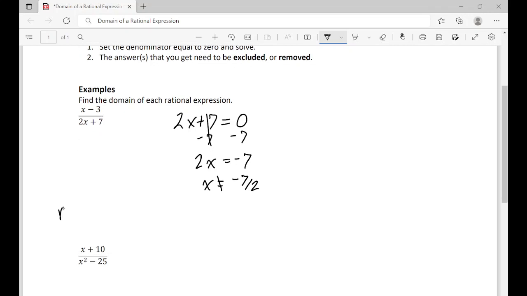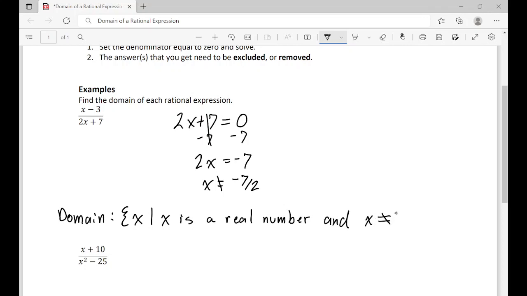So the domain of this, we can say that x is some value such that x is a real number and x cannot be negative 7 halves. So this is what's called set builder notation. It just states that x is a number and that it cannot be this, so anything but this.